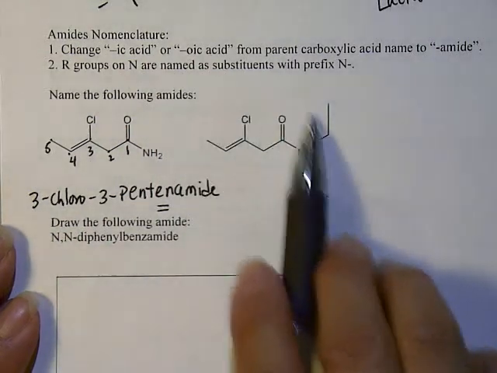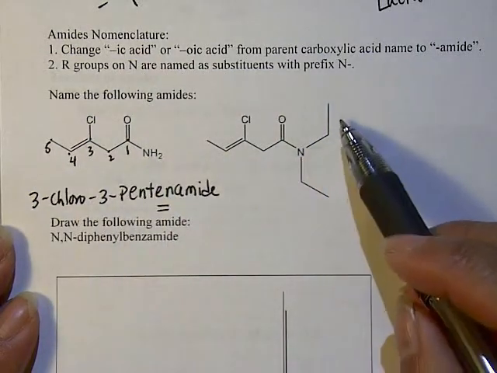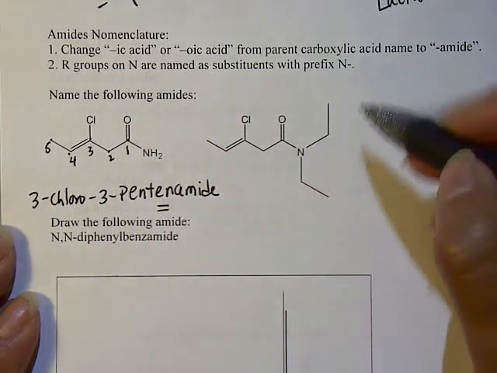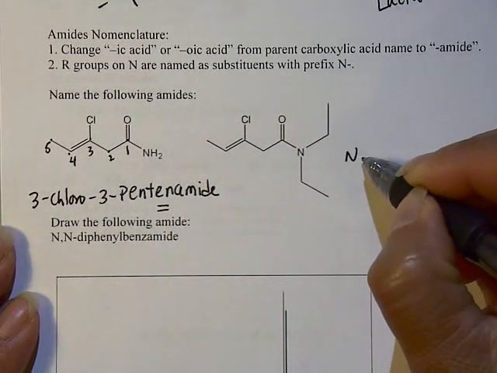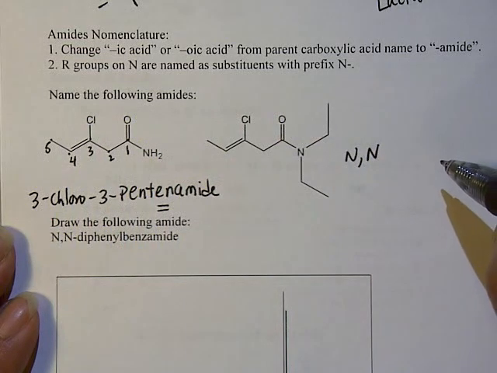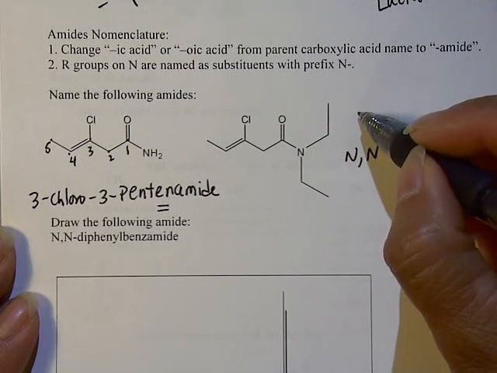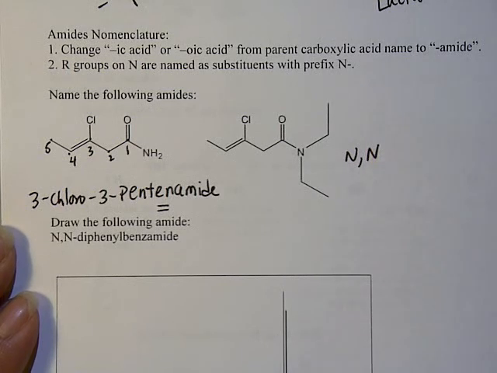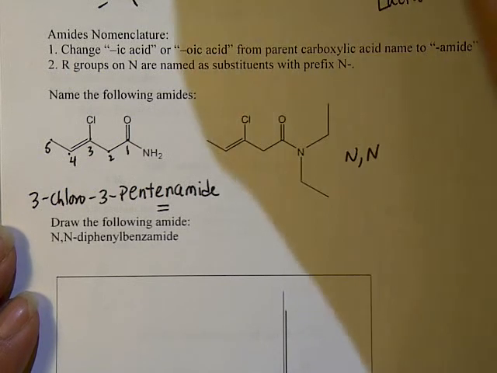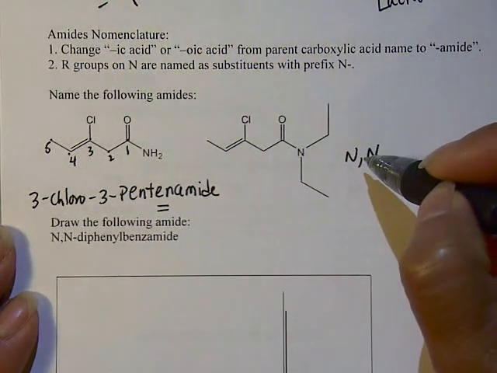Now notice this structure is exactly the same as this, except for the fact that you have 2 ethyl groups. So the name of this would be N, because there are 2 of them, N comma N. Notice they're both capitalized, because if you used a little n, that would mean you are indicating n-butane, like normal. That's what the little n would be.